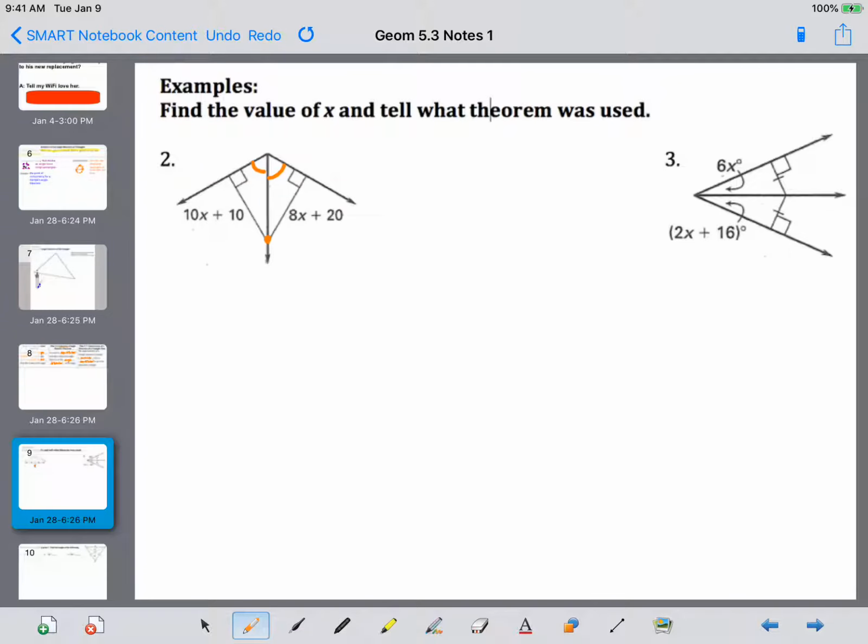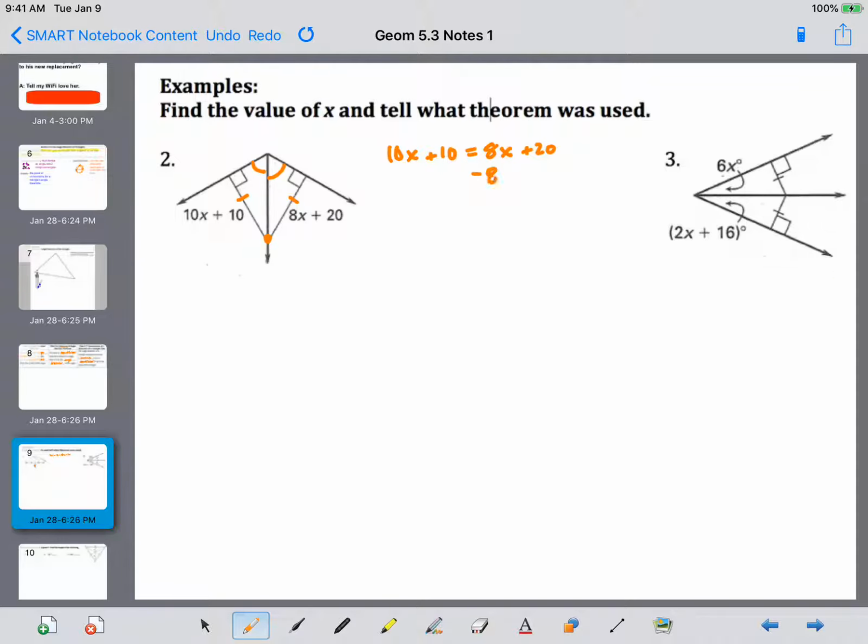And if that's true, this point is on the angle bisector, which means it's equidistant to the 2 sides of the angle, which tells us that we can say 10x plus 10 equals 8x plus 20. We're going to use that to find the value of x and then tell what theorem was used.